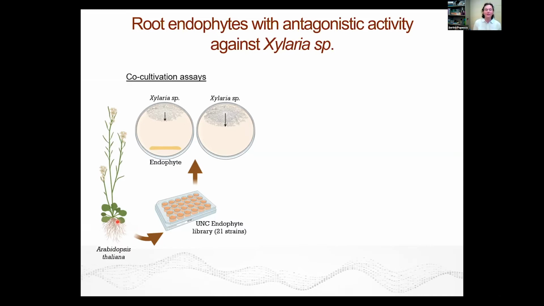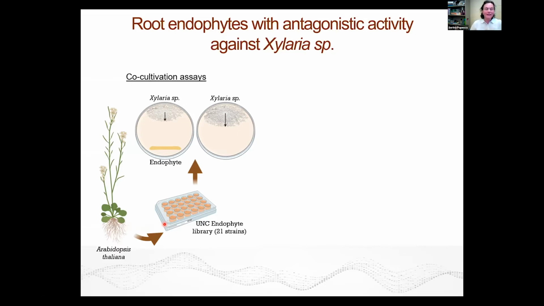So this lab has isolated thousands of endophytes from the roots of Arabidopsis, and I was able to go through their library and select about 30 strains that, based on literature and based on my own judgment, I consider to have a potential antagonistic activity against a fungal pathogen. And out of these 30 strains that we were able to get from UNC, about 21 actually grew on the plates in our hands in the lab.